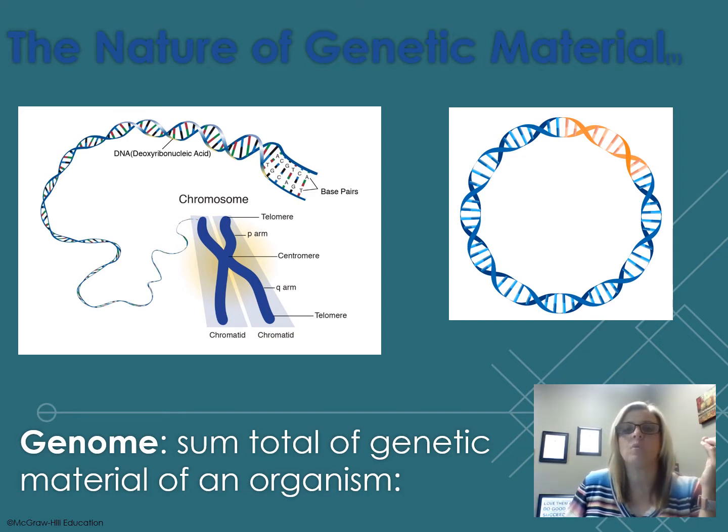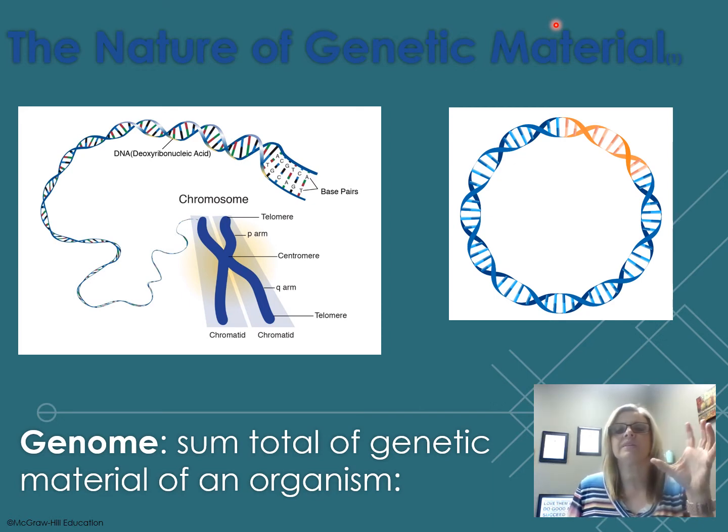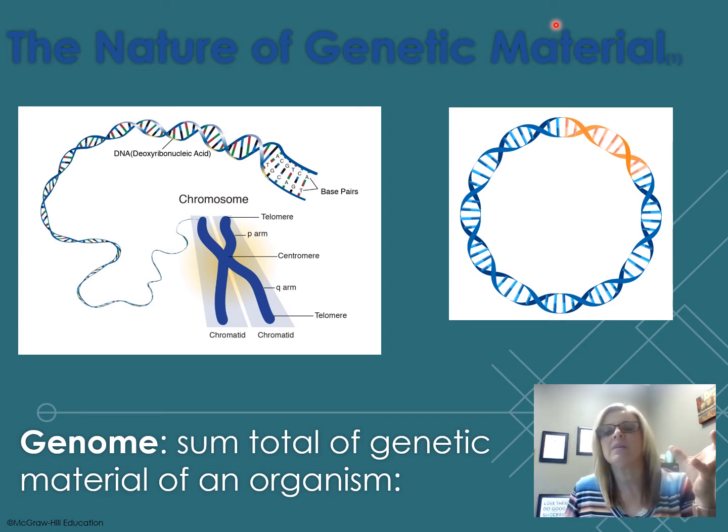Mitochondria and chloroplasts actually have their own DNA. We have plasmids, which is what you see over here on the right, a small circular, basically extra piece of DNA that many bacteria have. Genomes of cells are going to be made mostly of DNA, but viruses can contain DNA or RNA.